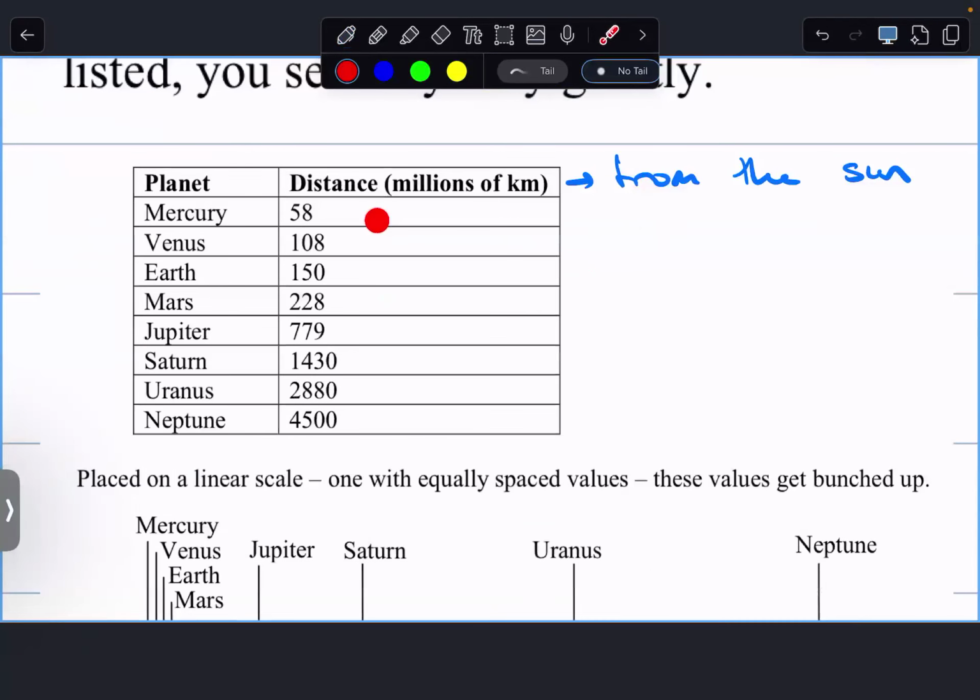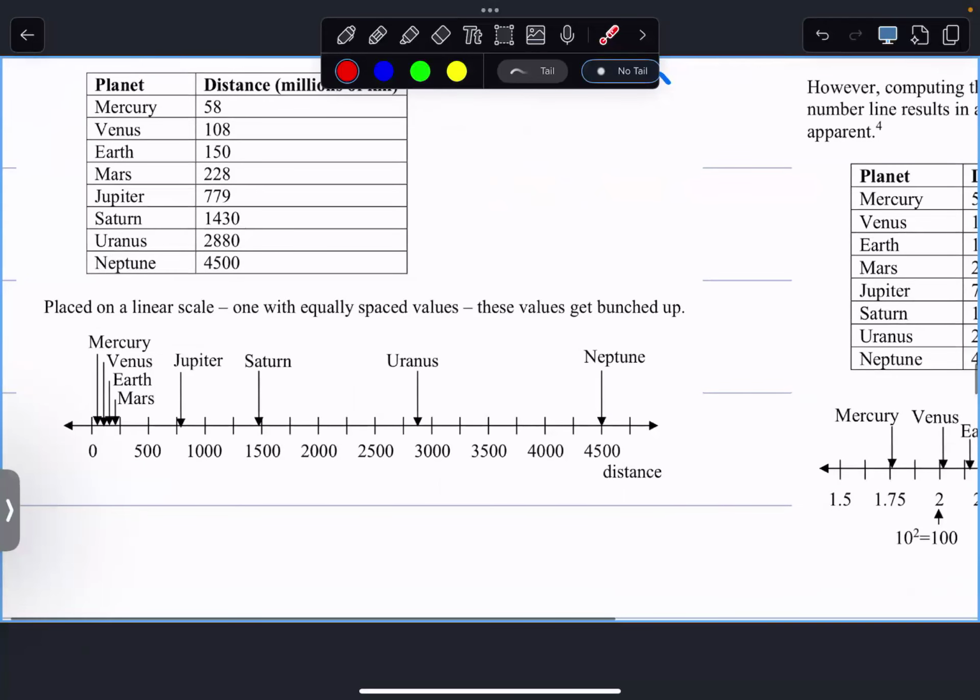So here we've got these distances, but obviously 58 compared to things like 2900, for example, those are hard to compare. If we put them on just a linear scale like we would usually do, they would be all scrunched up over here, right? Most of these are similar distances from the sun, but then we've got these larger orders of magnitude later on.